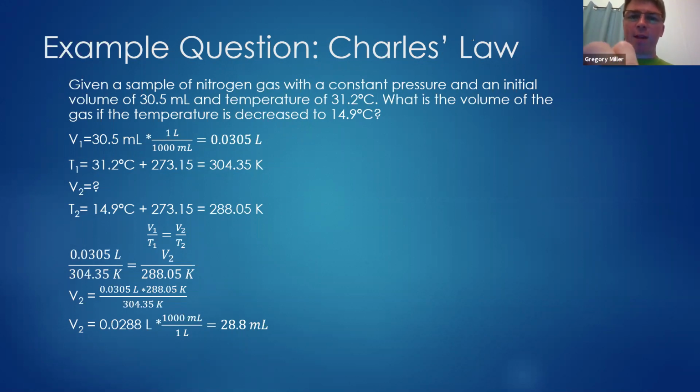Again, I could have left that as liters because the question didn't specify what unit, it just said volume. Had it said milliliters, I would have needed to convert. Again, if you're comfortable with these and you just plug in milliliters for V1, it'll give you milliliters out for V2 and you'll get that answer. But temperature always has to be in Kelvin.